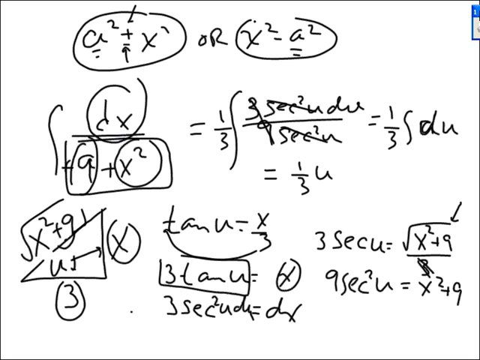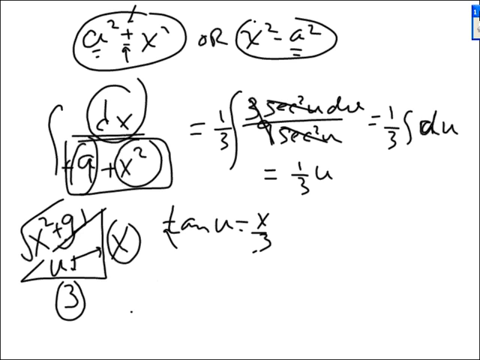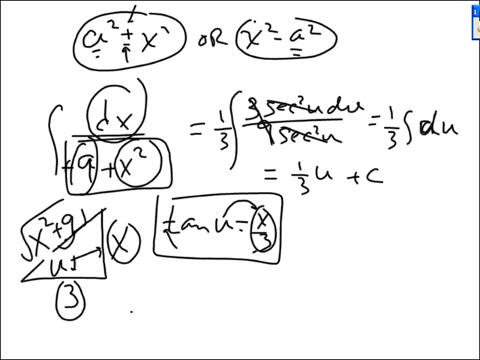Okay, let me erase a little bit. And now we need to figure out how to write u in terms of x. That is, we need to substitute back. In fact, I should have said I got 1/3 u plus c. Now, using this right here, we could interchange these two.